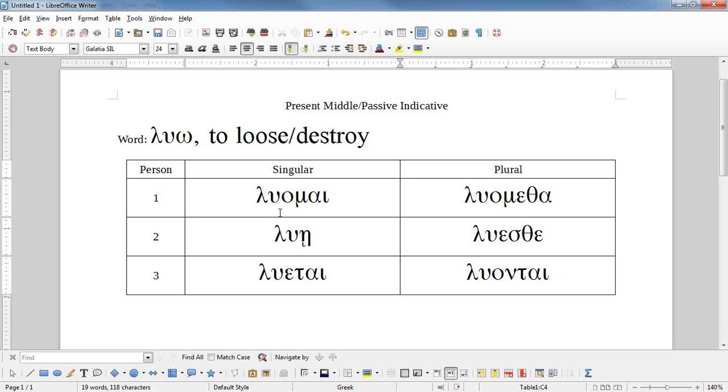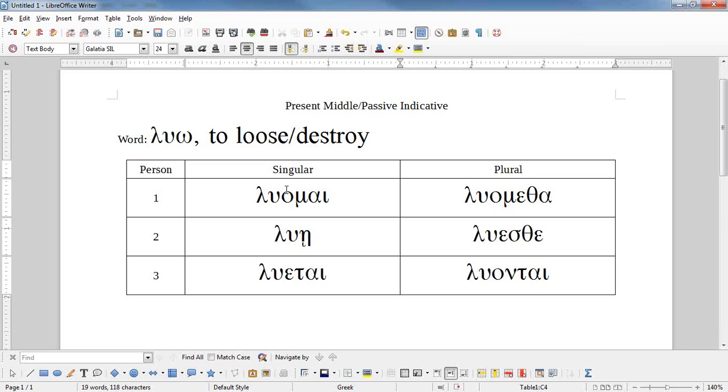Like I said, this form is identical for the middle voice as well as the passive voice, so there are two ways to translate it. For example, luomai. Translated with the middle voice, it is I loose myself or I destroy myself. For the second singular, you loose yourself or you destroy yourself. That's how we do the middle. What is the passive? It's when the subject is being acted upon.